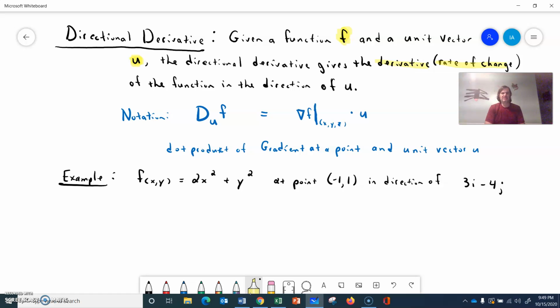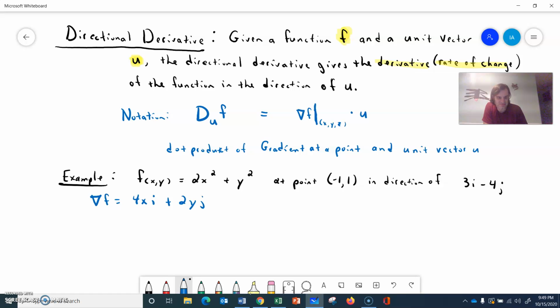Okay. So let's see here. We've got an example. It's f of x, y equals 2x squared plus y squared. The point is negative 1, 1, and the direction is 3i minus 4j. So first of all, let's get our gradient, which will be 4x i plus 2y j.